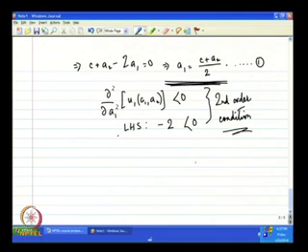And if I want to draw this in a diagram, how does it look?